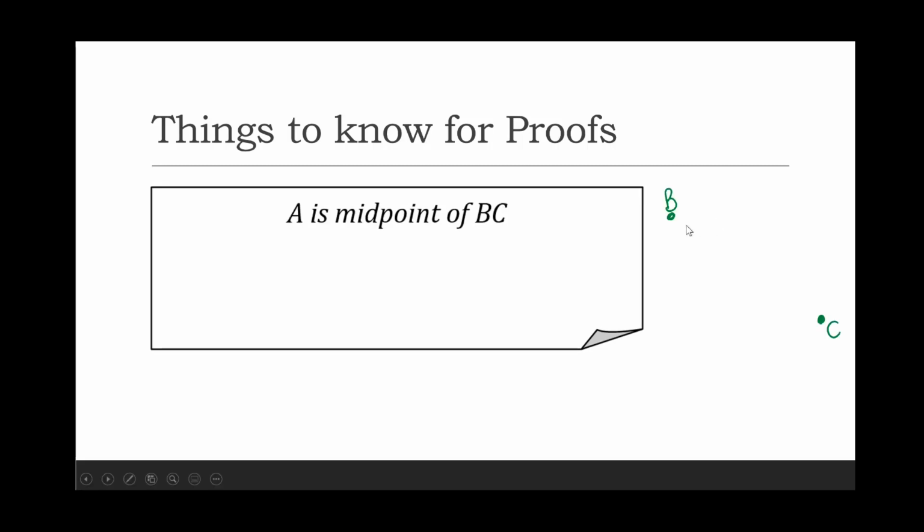What else can we do? Well, if you're told something about midpoints, A is the midpoint of BC. This tells you that A is right in the middle, and the sizes AB and AC are identical, indicated by these tick marks.